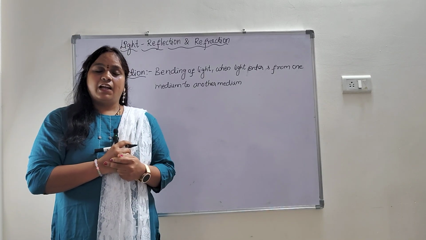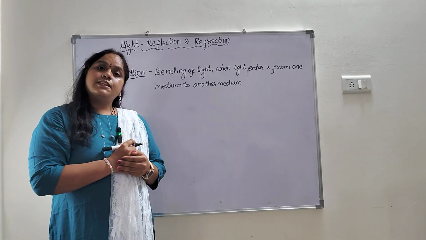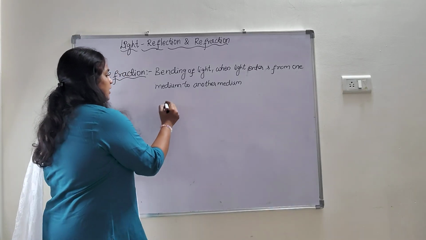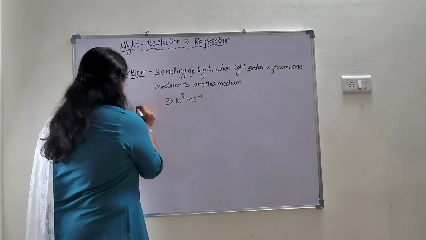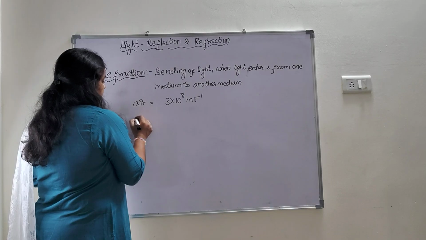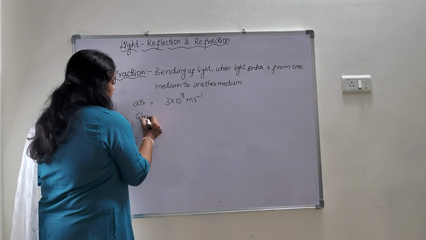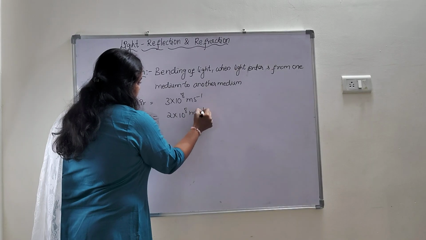So I can explain refraction in simple terms, like the speed of light. Speed of light in air is 3 into 10 to the power of 8 meter per second. Speed of light in glass is 2 into 10 to the power of 8 meter per second.